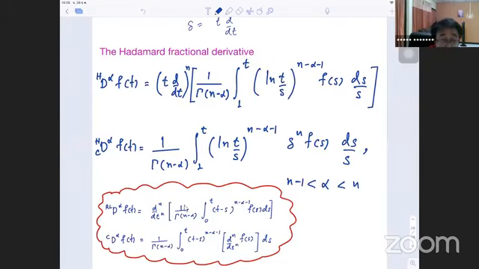Okay, and for the Caputo fractional derivative, this is the same, the gamma function and the derivative inside the integration.